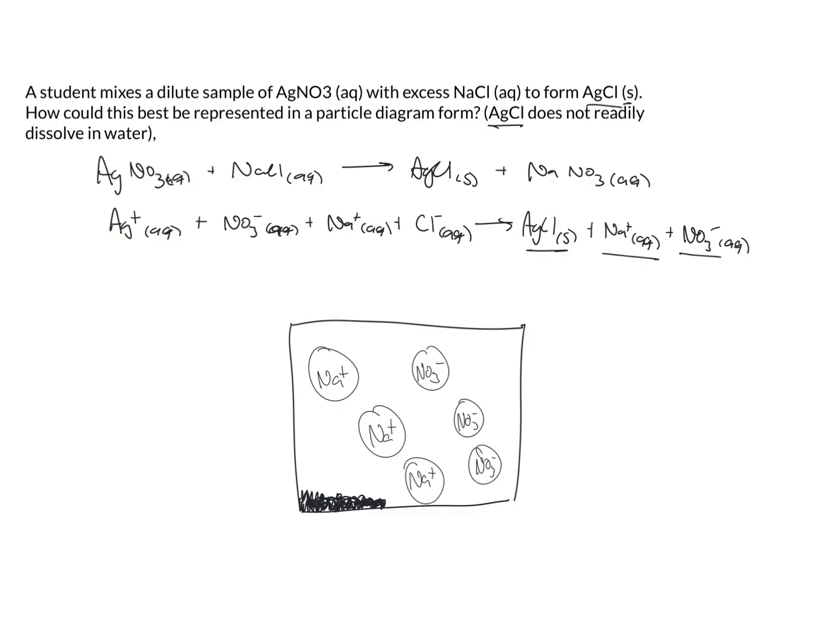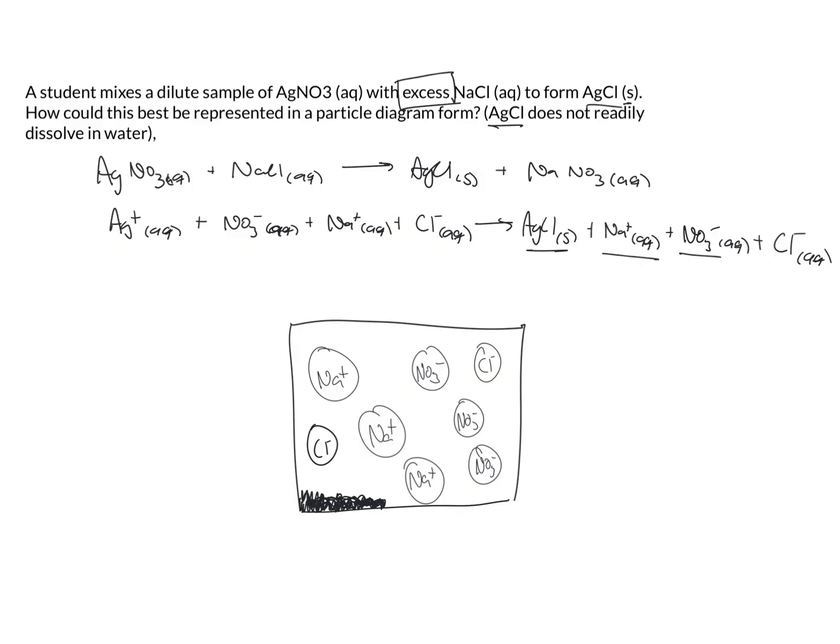Right, and so this is what that would kind of look like, but I need to really read this problem carefully. I have excess NaCl, meaning I have more NaCl than is necessary to form my precipitate. And so what'll happen here is at the end, I should still have a little bit of Cl-, right? Because it's excess. I have way more than I need to react. And so I should maybe have a few chloride ions as well.